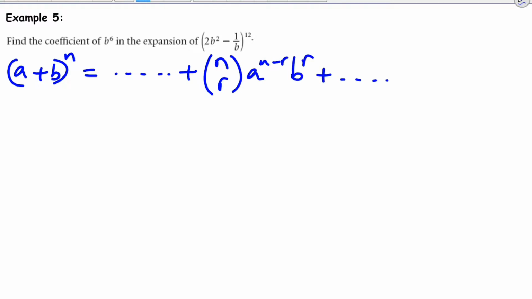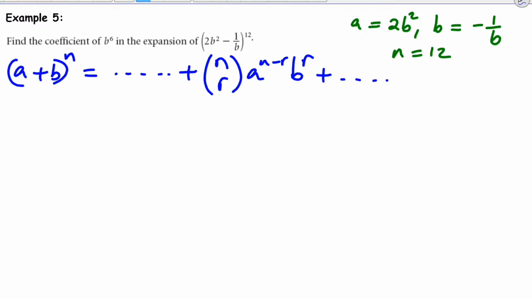plus whatever comes next. So we can identify a and b from what you're given in the question. Now, a is equal to 2b squared, b is equal to negative 1 over b, and n is equal to 12. So we just need to plug this into the general term to find out how the general term looks.